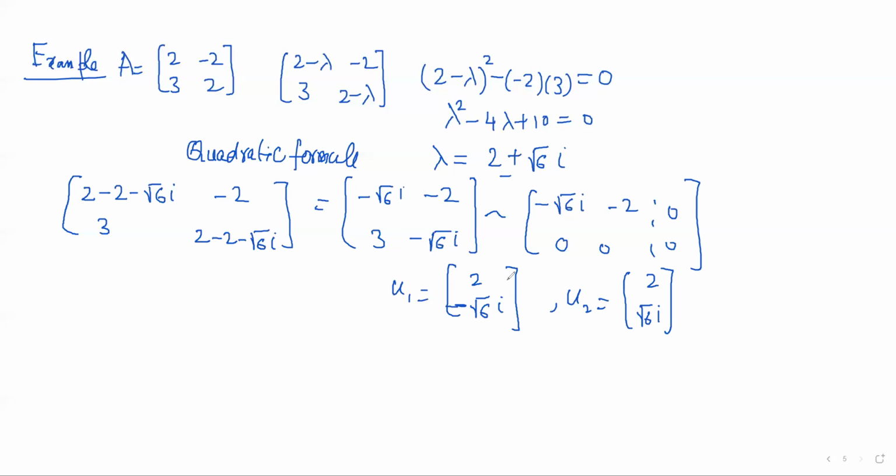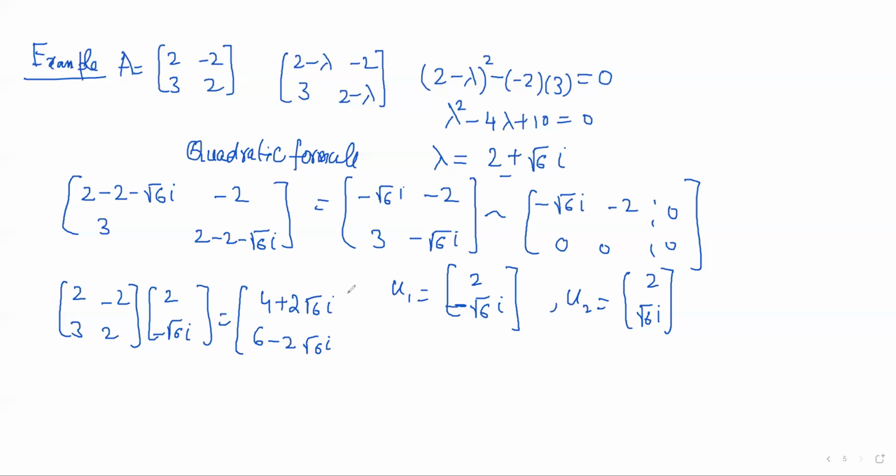Okay, so we can verify it, for example, whether this is an eigenvector or not. If we take the matrix [[2, -2], [3, 2]] and multiply by (2, minus root 6 i), it will be 2 into 2, 4, minus 2 into root 6 i times minus, so plus 2 root 6 i, and 2 into 3 is 6, and minus 2 root 6 i.